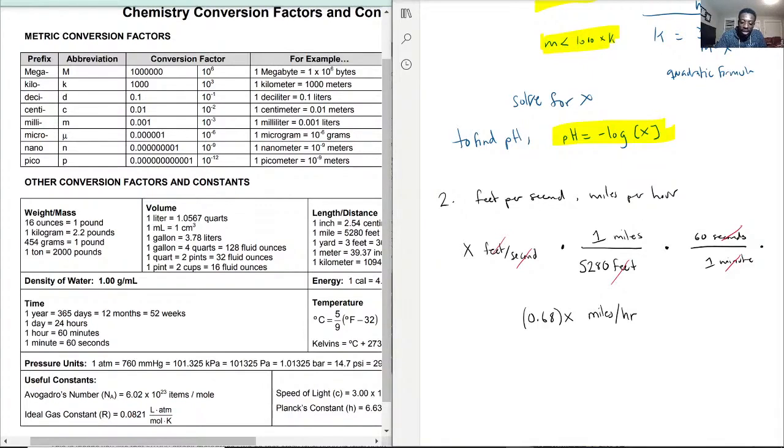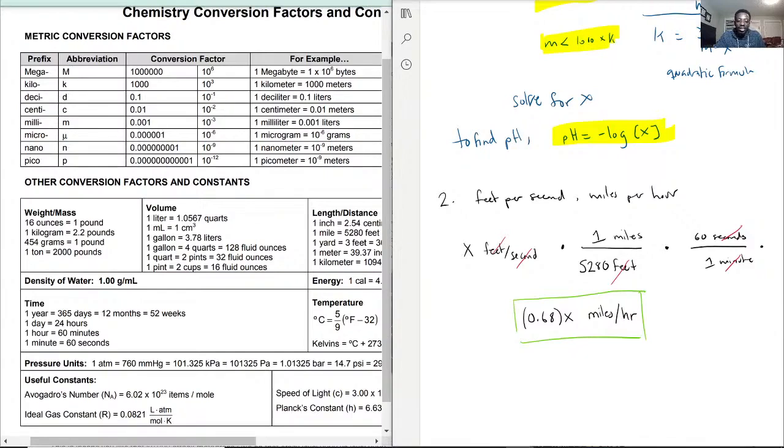So that's our answer there. So you will notice that if you plugged any number in, if I wanted 5 feet per second, for example, 5 times that constant, you'd have 3.41 miles per hour.